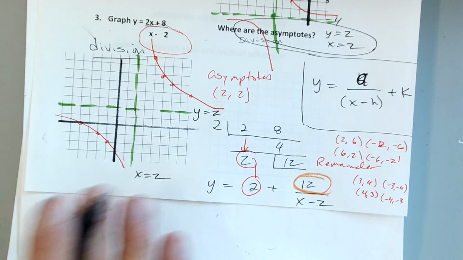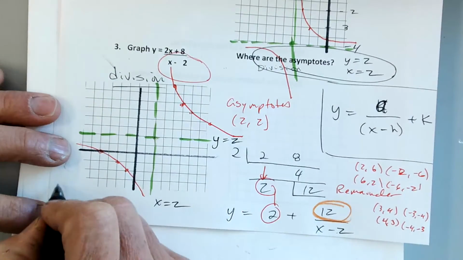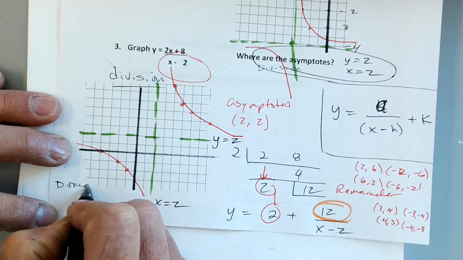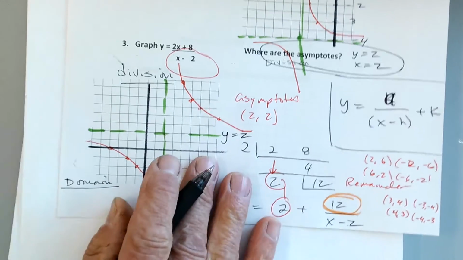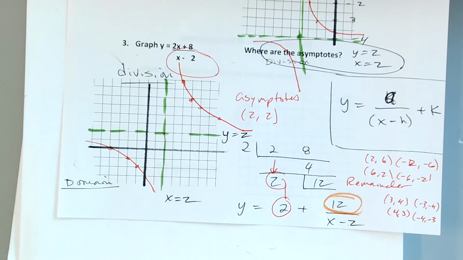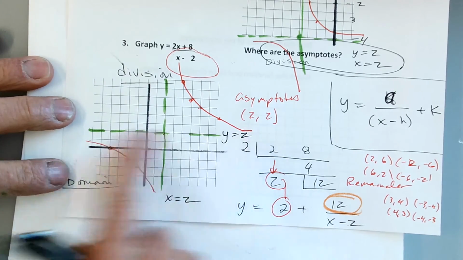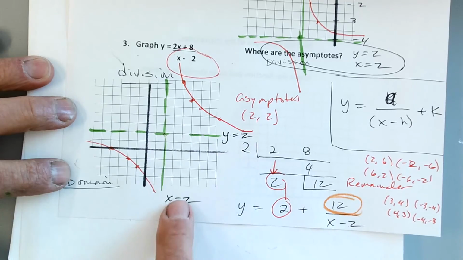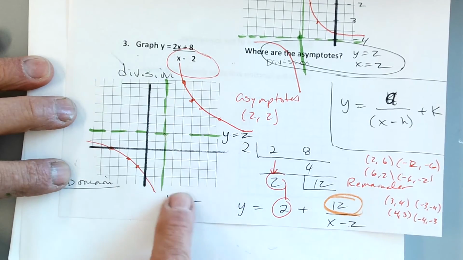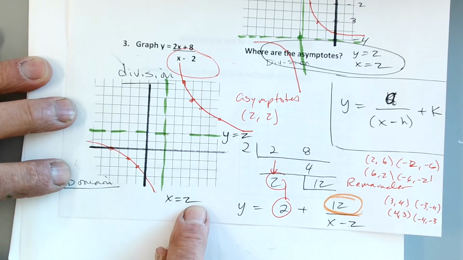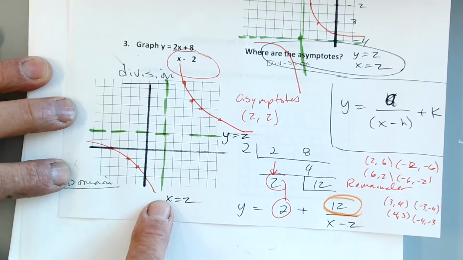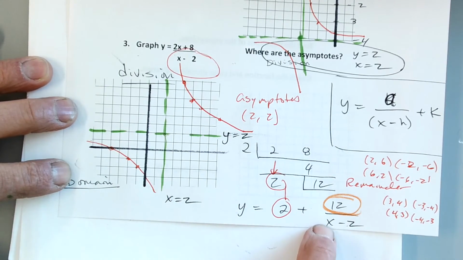Now, domain and range, let's check that out. Okay, let's just look at the graph. Am I going too fast? Domain. Well, it's forever wide except for right here at 2. Does that make sense? Because if you put 2 in here, you divide by 0, right?